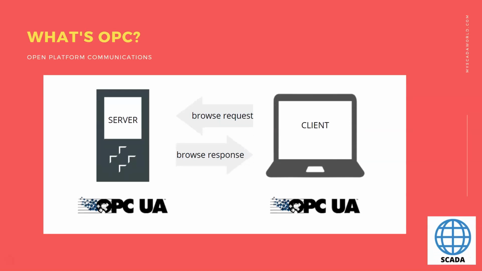How is it working? The client is requesting the data, for example the browse request, and if our client can communicate with the server, the server gives the client the response. This is one cycle of reading or browsing data.